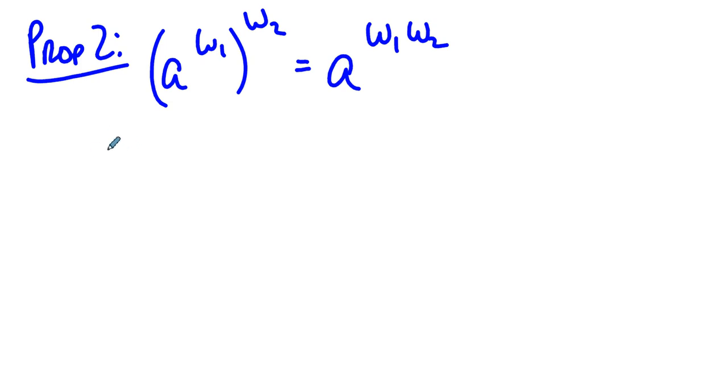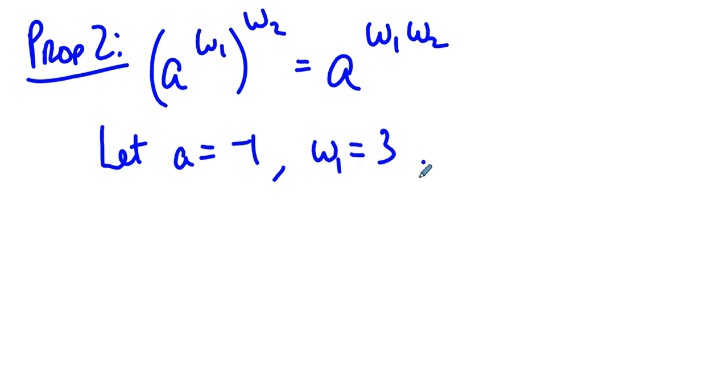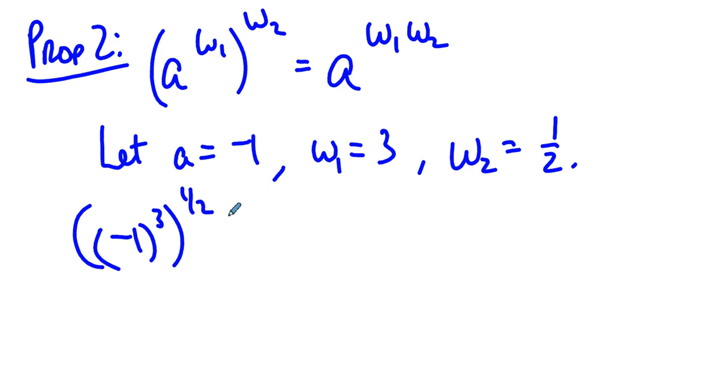Here's one. Let's let a be negative 1. ω1 is 3. ω2 is a half. Negative 1 to the third to the 1/2. Well, that's negative 1 to the 1/2, and the square root of negative 1 is i.